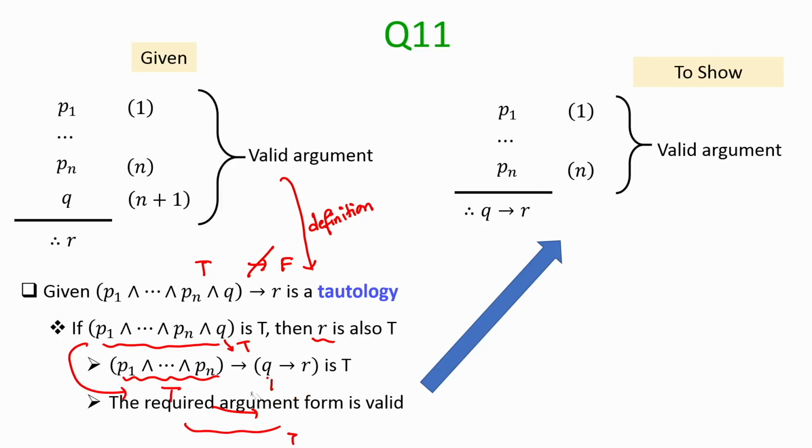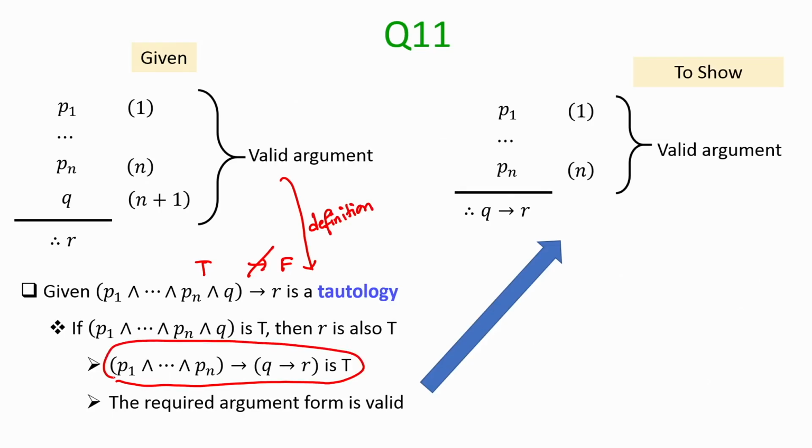But if I closely see here, what exactly does this implication mean? If I say that this implication is always true, then another form of it is that you have the premises p1 to pn and the conclusion is q implies r.